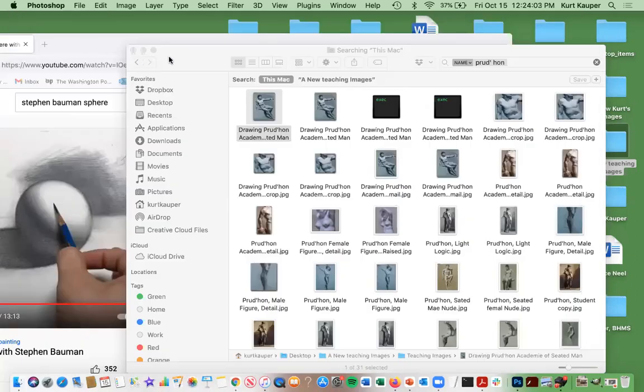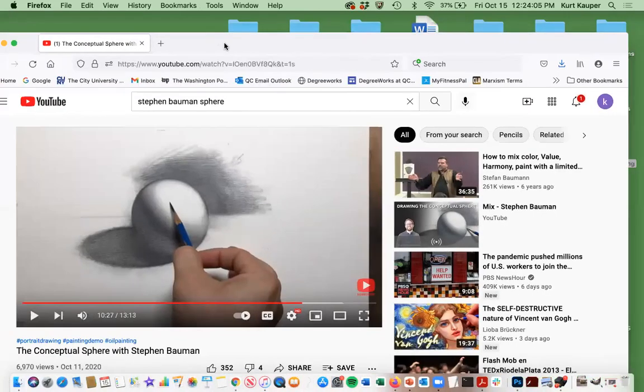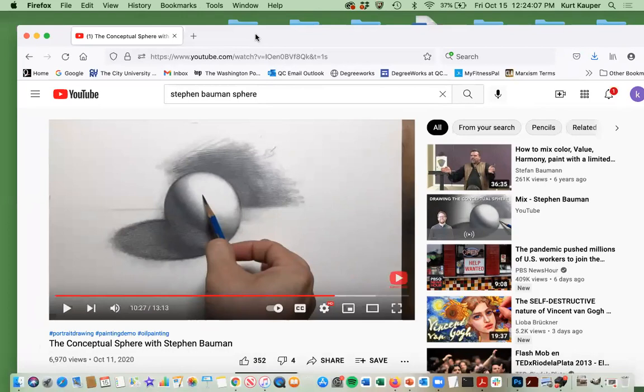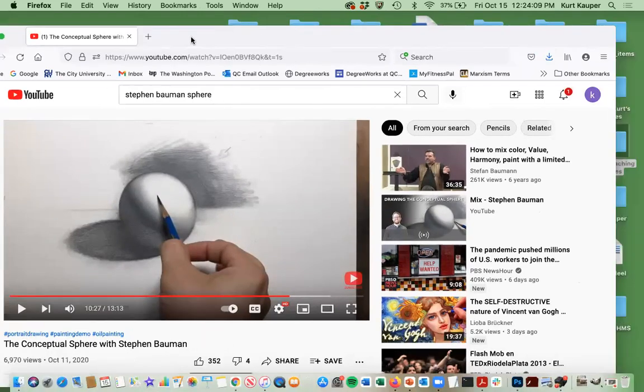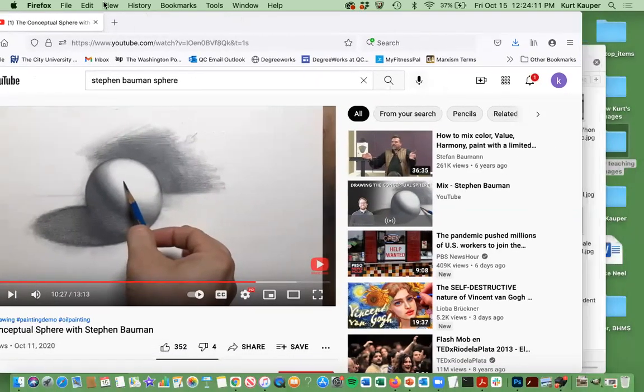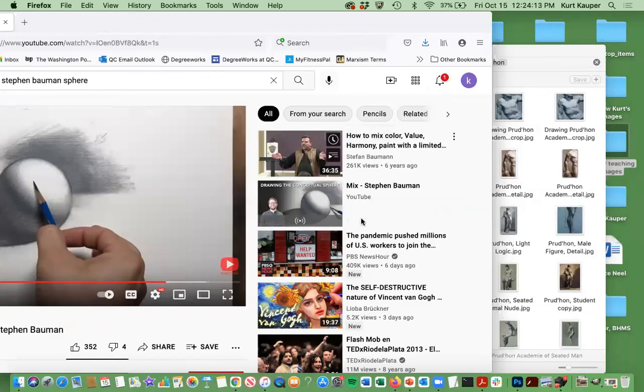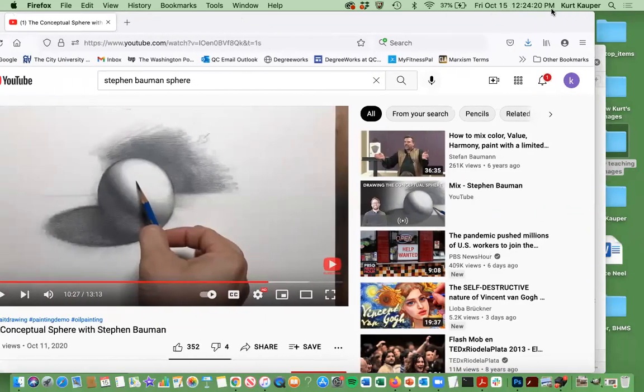So I'm going to relent on my view. I think blending with a tissue or a stump usually leads to flaws in the drawing, unless it is done really carefully.